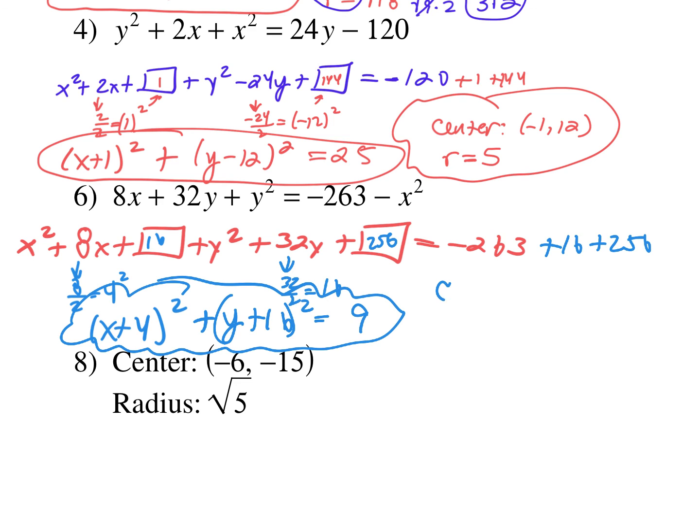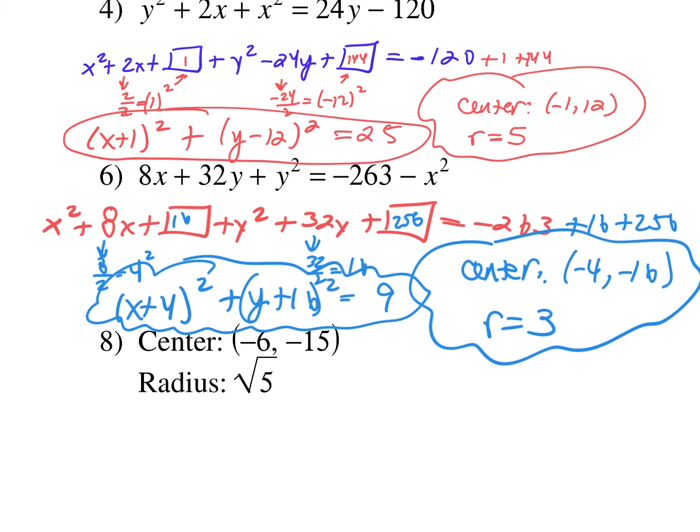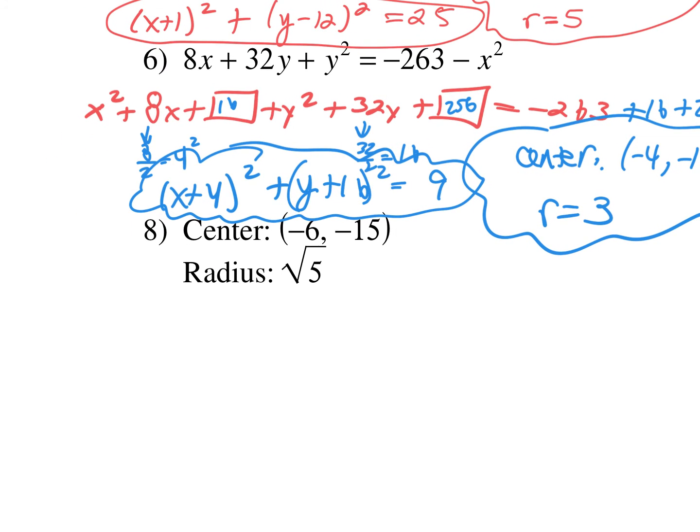What is the center of this circle? -4. It's -4, -16, right? And then what's my radius? 3. Perfect. Now, if you are given the center and the radius, this is real easy because you're just working backwards. Remember, it's x minus h squared plus y minus k squared equals radius squared, right?